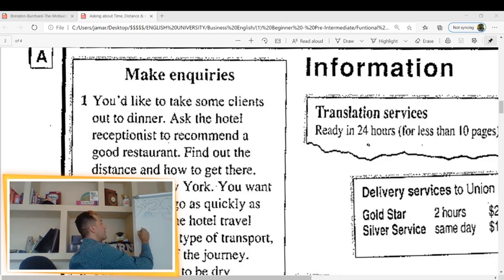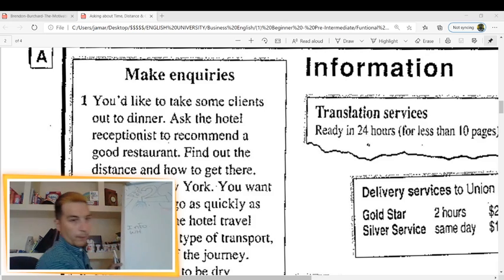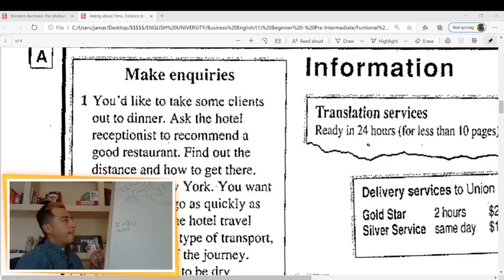First, you need the information. This is called information question word. We're just going to call it info or WH. All right, WH is like what, where.